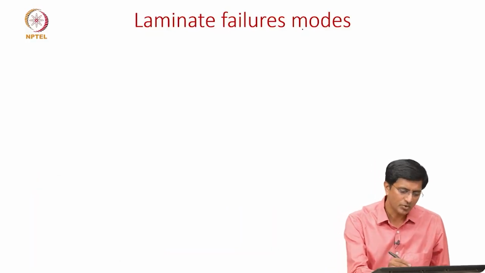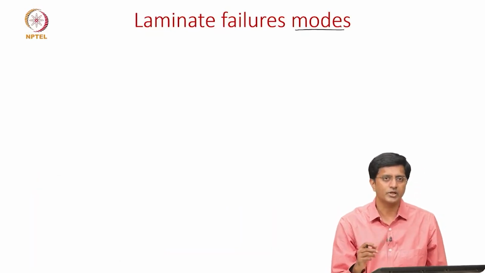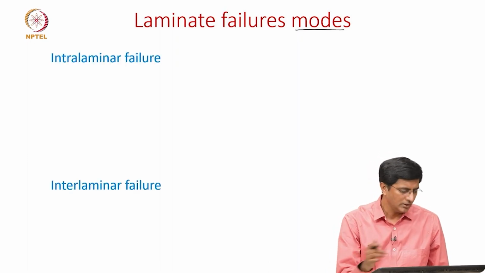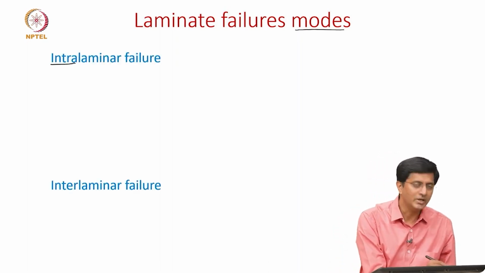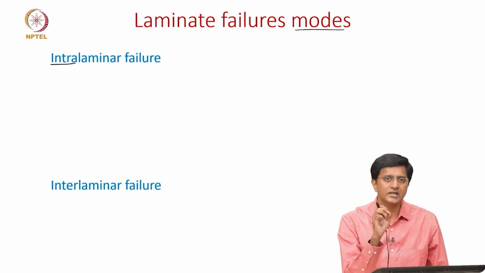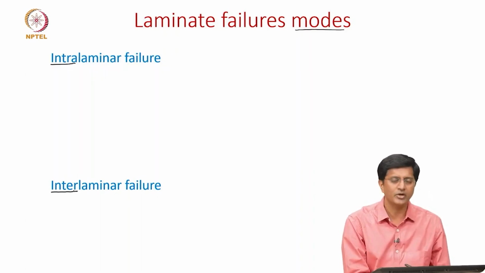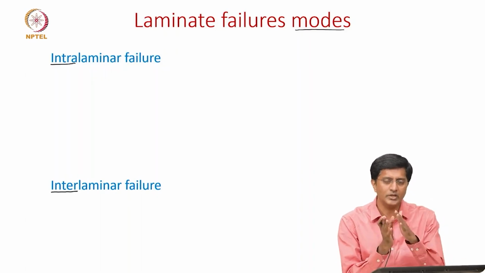When we discuss failures, there are two failure modes which are very common: the intralaminar failure, meaning failures occurring in a single lamina, and the interlaminar failure, where the failure is between two layers.